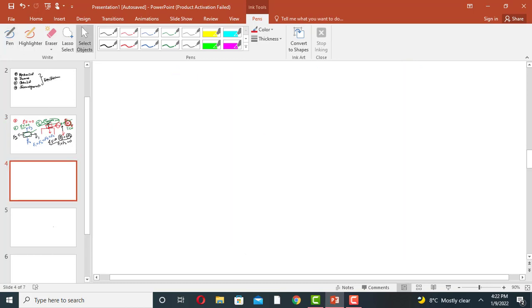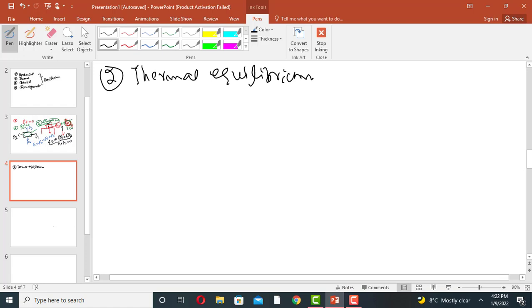The second type of equilibrium is thermal equilibrium. Let us consider two bodies. This is body number 1 and this is body number 2.